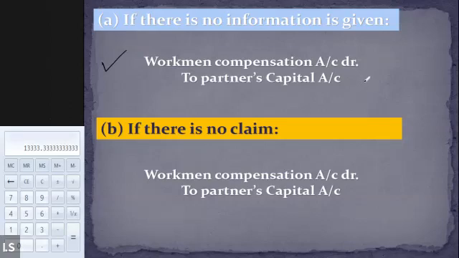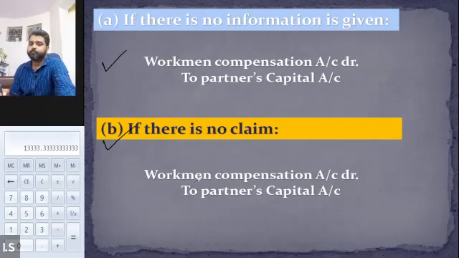That means all the partners will get a share in the workman compensation reserve depending upon their profit sharing ratio. And the same treatment will be done if there is no claim made by the employee on account of workman compensation. If there is no claim, then in such a situation we will also be doing the same general entry: workman compensation account debit to partners' capital account.